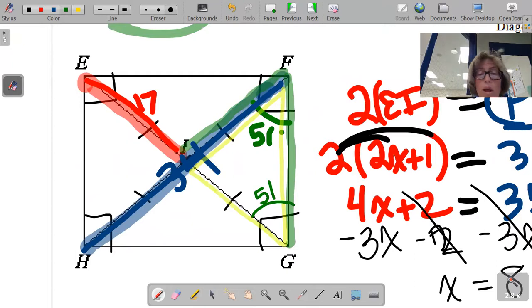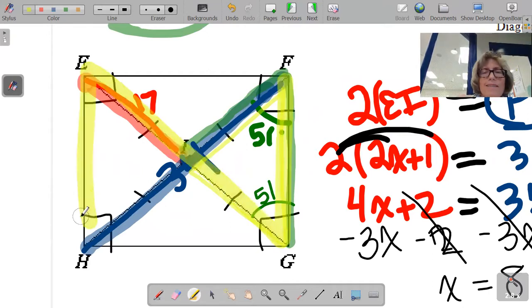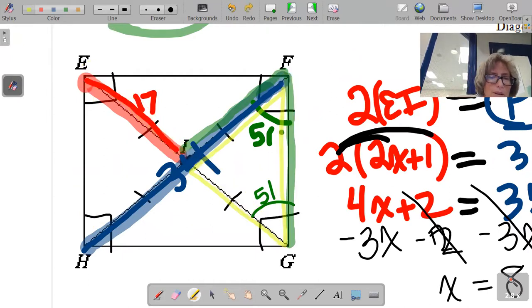So that's 51. And we can go like this as well. Armpits of the Z. Which means this is 51 degrees. This is 51 degrees.